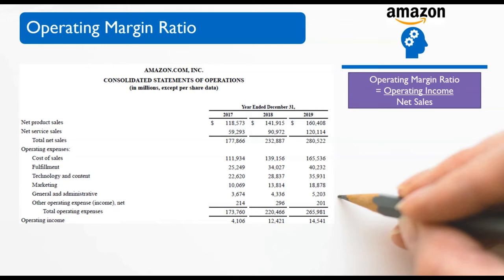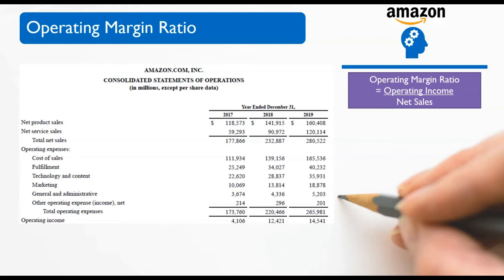In other words, this shows us the proportion of revenues that are available to cover non-operating costs such as interest expenses. The key point here is that it is a good ratio to compare the margins across different companies in the same industry. And the higher the ratio, the better it is.